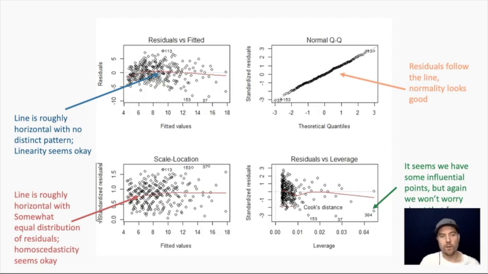The third one, the scale location, you see the line is roughly horizontal with roughly a cloud of points around it. You don't see as many points on the right side, and that could be a problem. But on this one, it doesn't look like there's any serious outliers over there. So the cloud of points looks pretty good here.